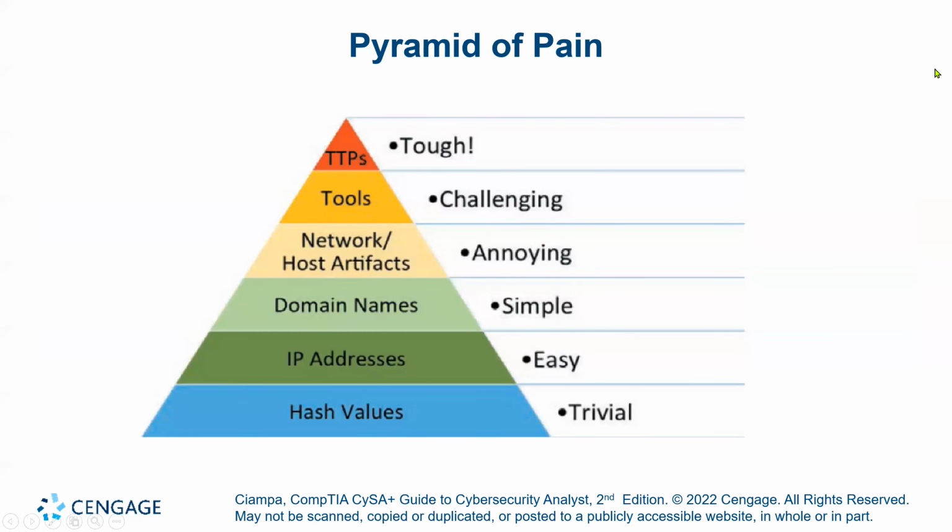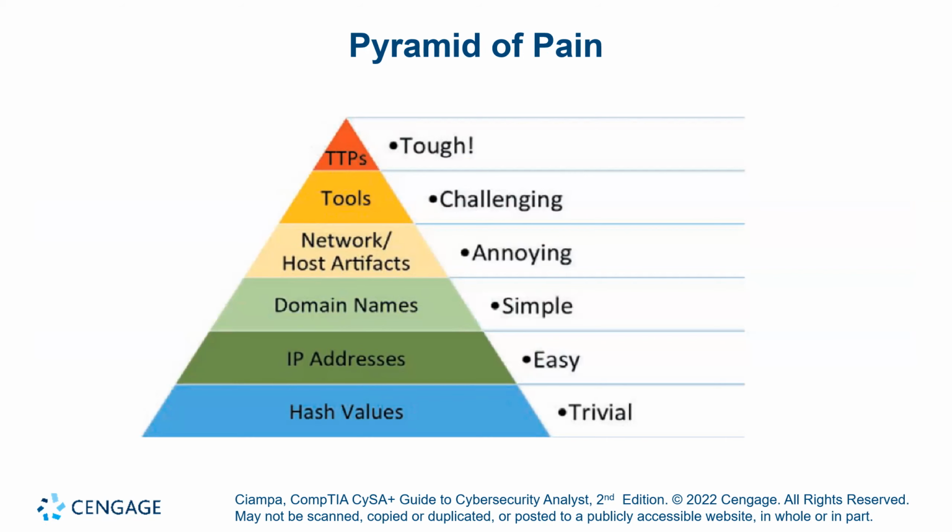Okay, pyramid of pain. All right. I've never seen it called that, but I do enjoy that. I'm probably going to have to steal that slide. All right. So the tip, because of course, those are the smallest group of things. That's your tough, challenging, annoying, simple, easy, and trivial.